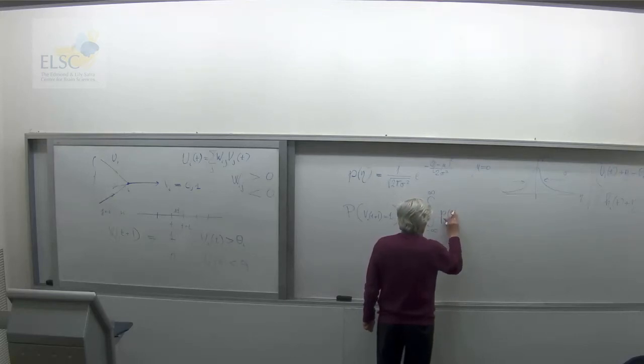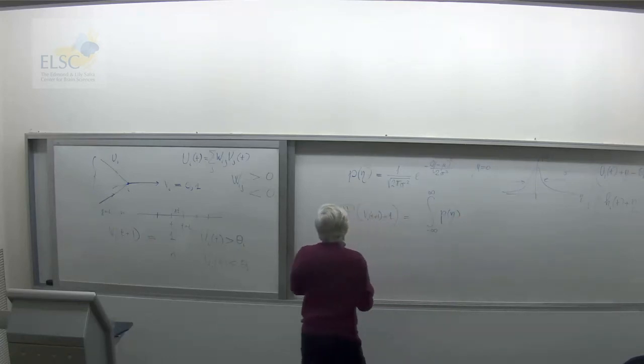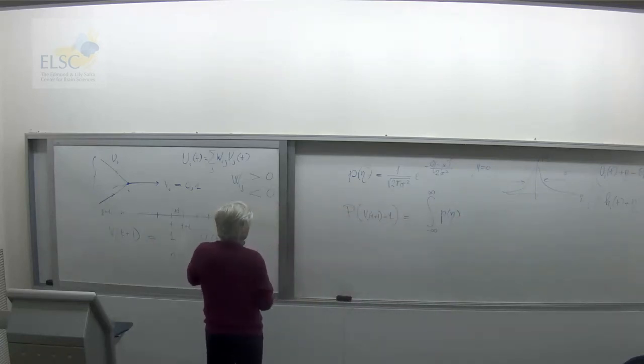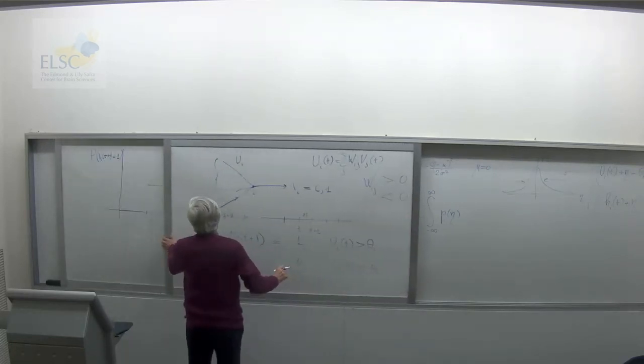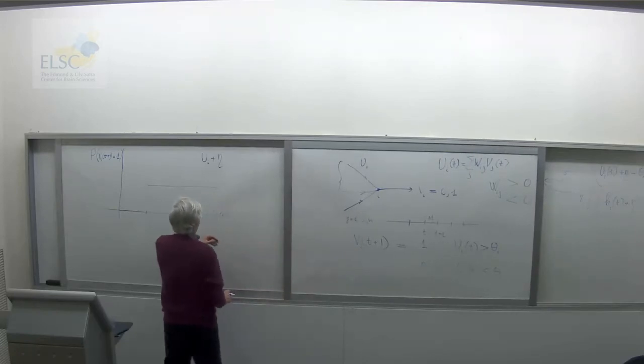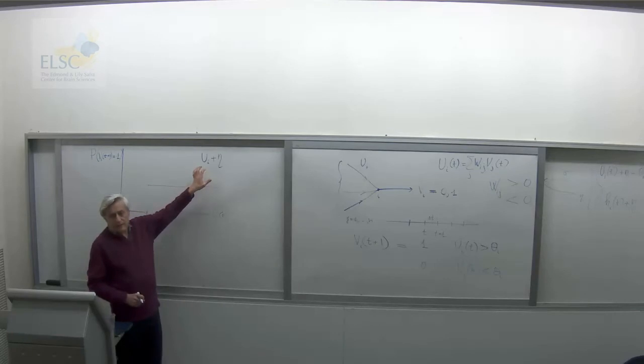Why did you add the eta? Why did I add the eta? Because, you see, this is where I started. What I said is the following. Ui is the incoming signal.